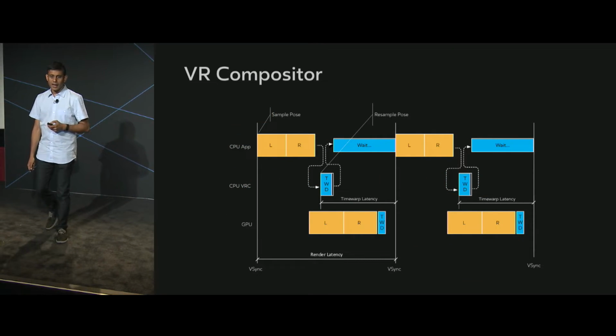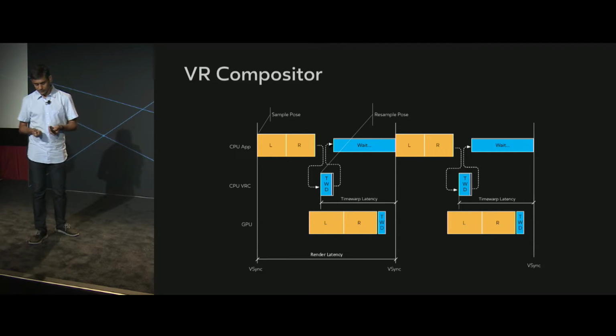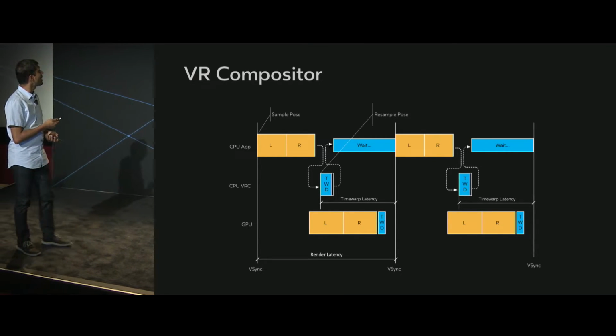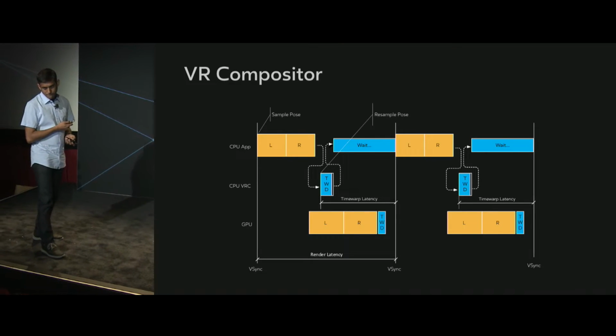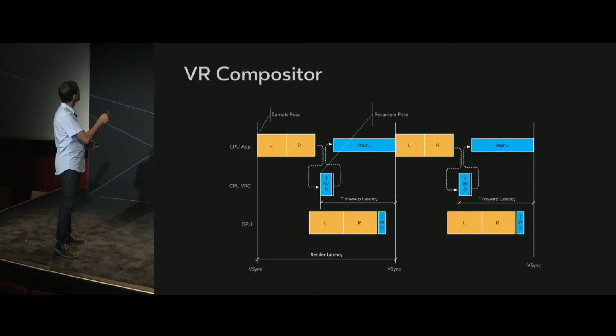This diagram helps you understand how the VR compositor works from a timing perspective. So what you see here is an app that's making frame rate. It does some work on the CPU to submit rendering calls, which then get executed on the GPU at some point later.